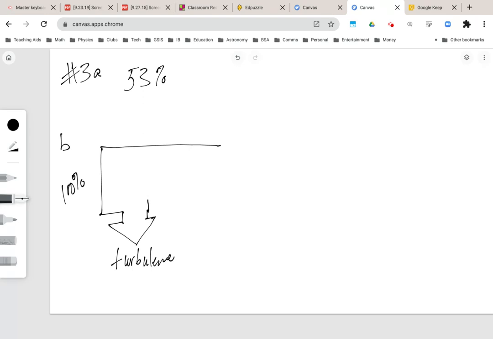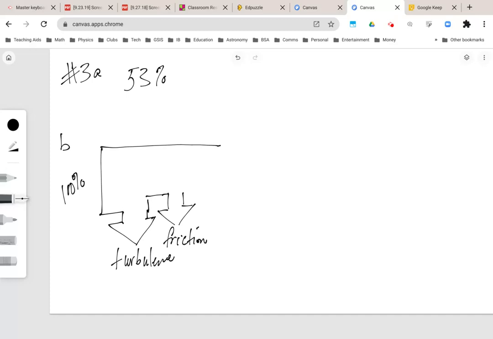All right, we continue with the process, and then we lose about 15%. So this next arrow needs to be about 0.15 of this original input over here on the left. So we come up a little bit more, and I'll say something like this maybe. And this is due to friction.